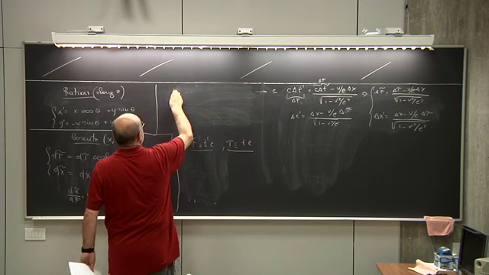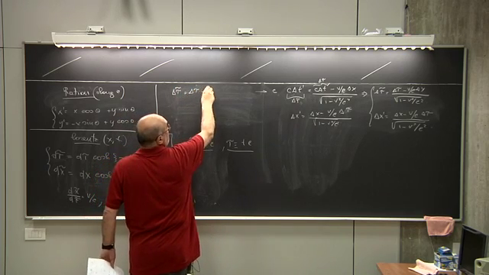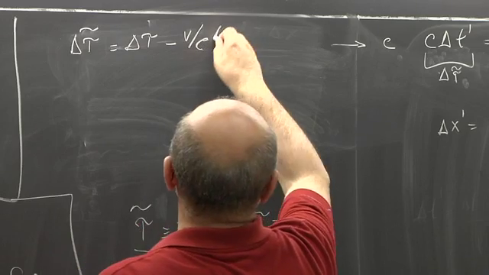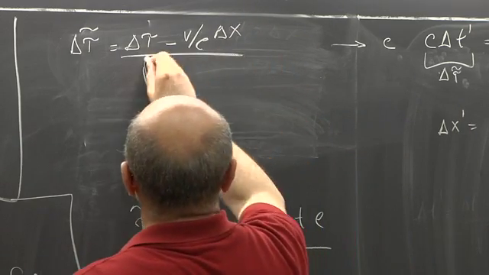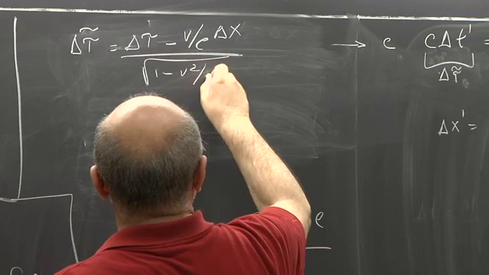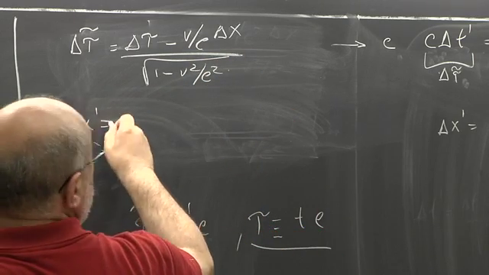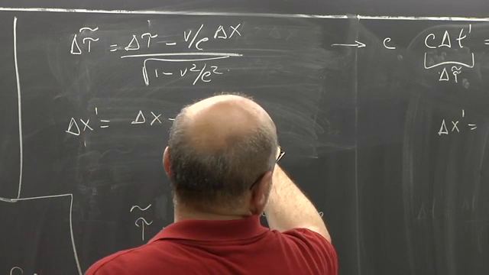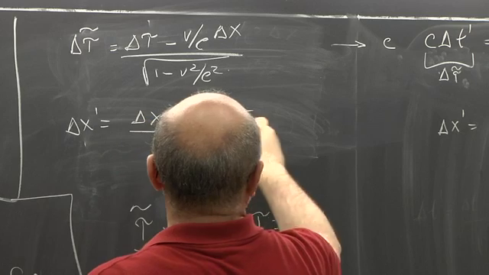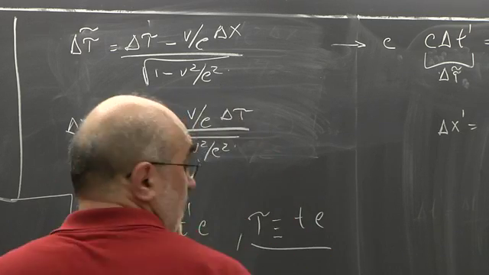So delta tau tilde is equal to (delta tau minus v/c delta x) over the square root of 1 minus v squared over c squared, and delta x prime is equal to (delta x minus v/c delta tau) over the square root of 1 minus v squared over c squared.